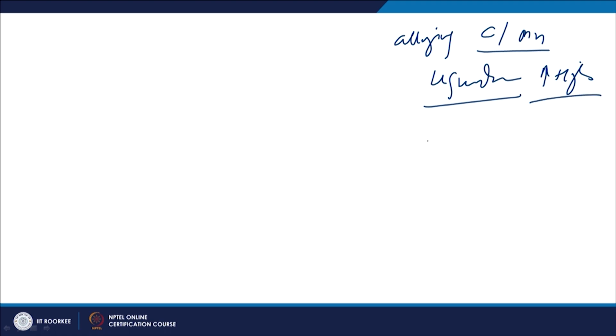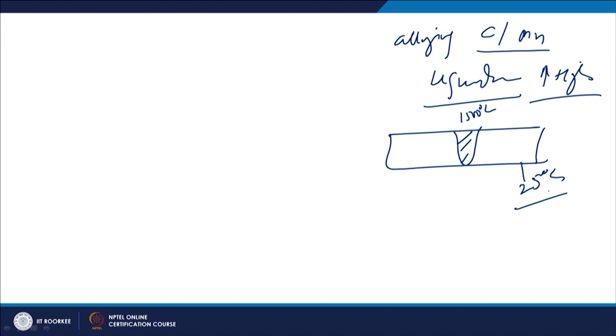But there is another issue which is associated with the low carbon steel, since the alloying element in the form of carbon or the manganese is very low. That is why the liquidus temperature of such steels is high, and therefore, the weld tends to solidify very rapidly, because the molten metal will be at a temperature of say 1500 degree centigrade, and it will be cooled very rapidly under the welding conditions where the initial plate temperature is 25 degree centigrade.